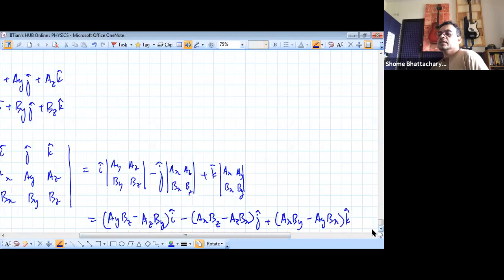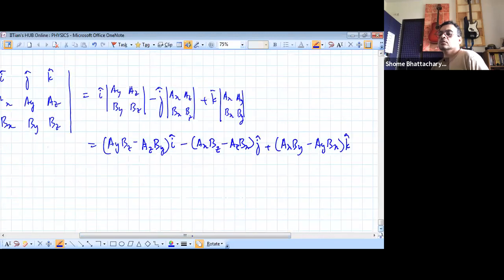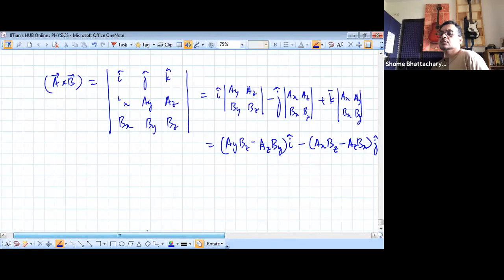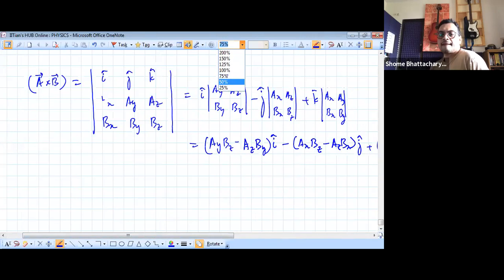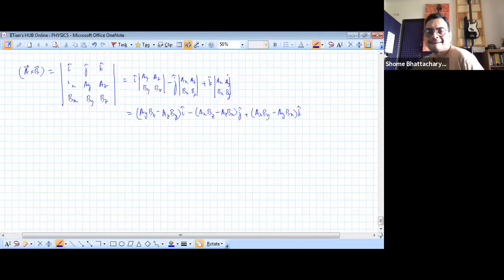So this is how we get the final value of the cross product vector. So A cross B comes like this. Okay, so if you haven't seen determinant of matrix in 9-10, then just note down this formula. We'll do a bit of practice and you'll understand how to do it. But I think determinant of matrix is definitely part of ICSE maths.